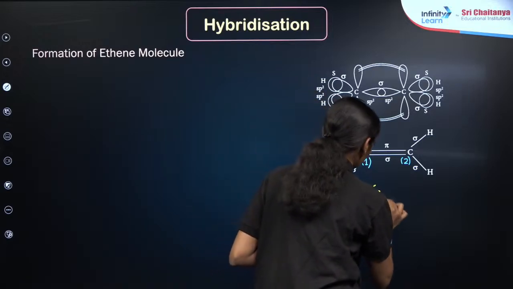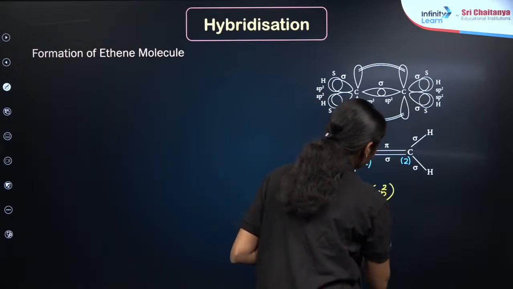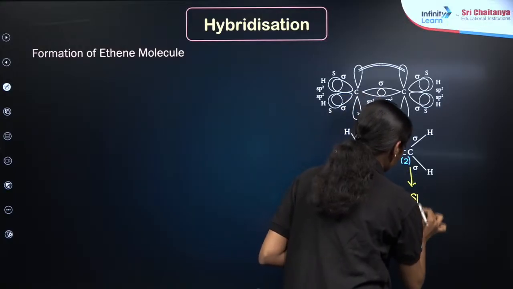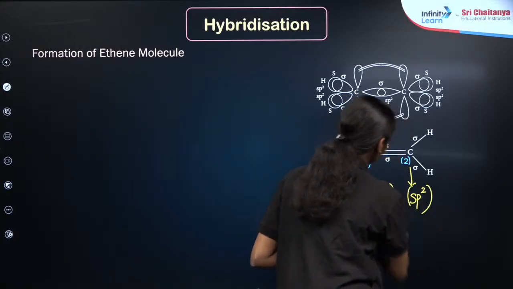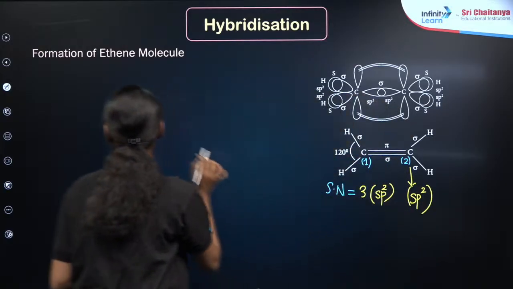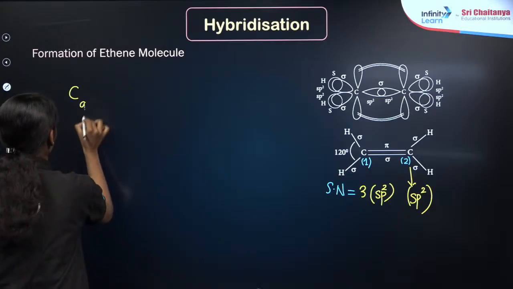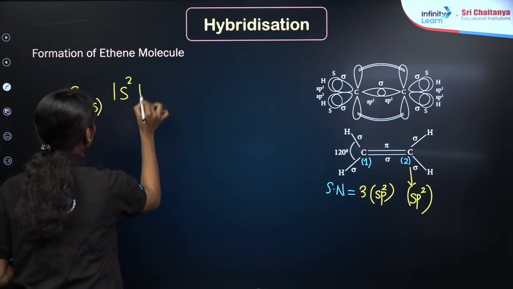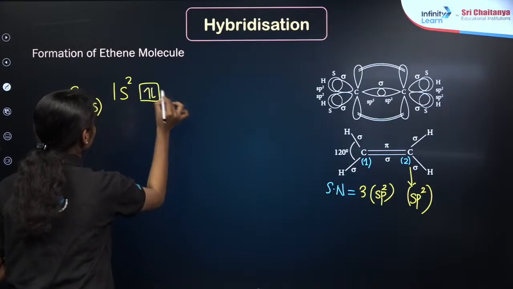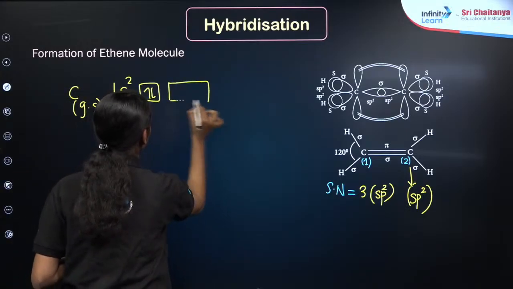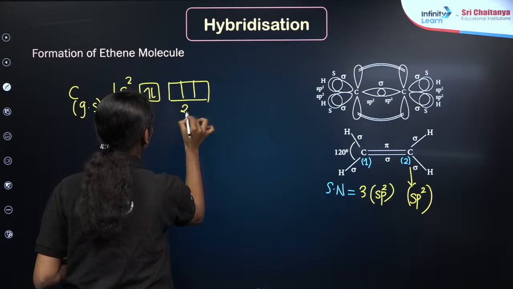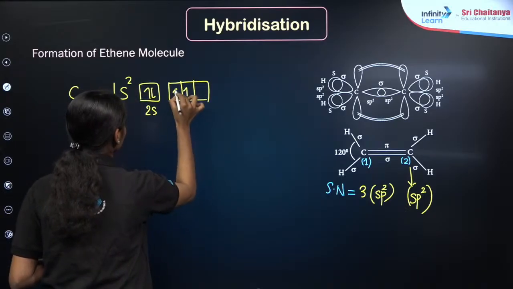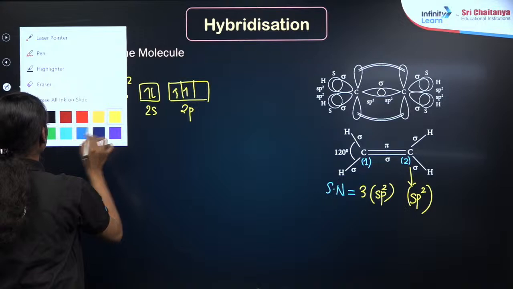So we can say that the carbon atom has sp2 hybridization. Similarly, this carbon atom is also sp2 hybridized. So we can draw the hybridization here. Before that, we have to write the ground state electronic configuration of carbon. This will be the ground state, right?